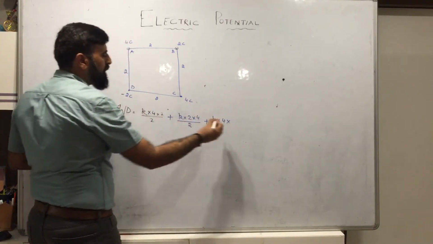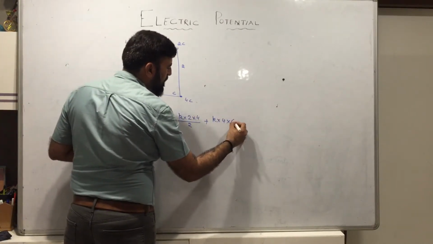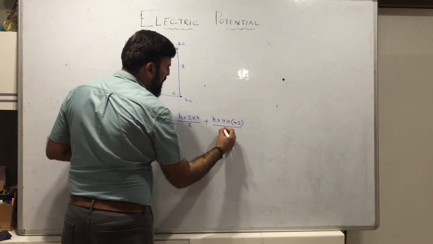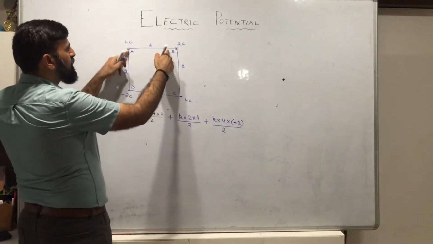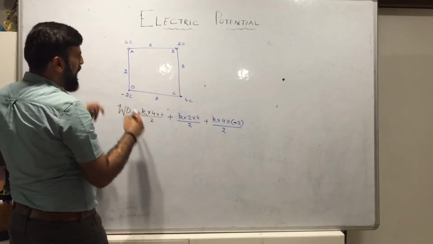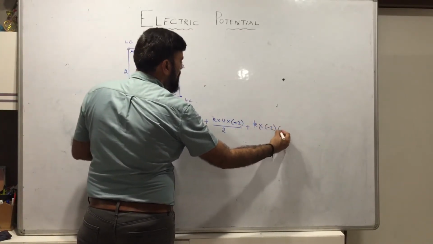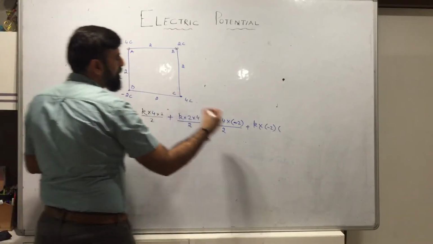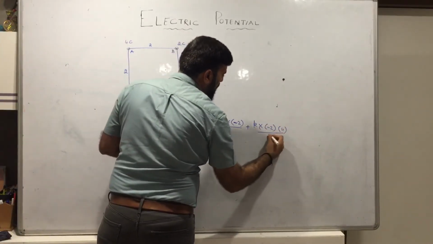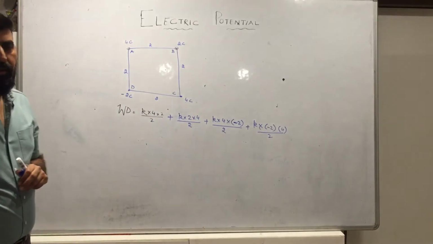When you have a negative charge, you take the sign along with it. So you have potential energy between these two, these two, these two, and these two, plus k into minus 2 into 4 upon 2. Is that all?